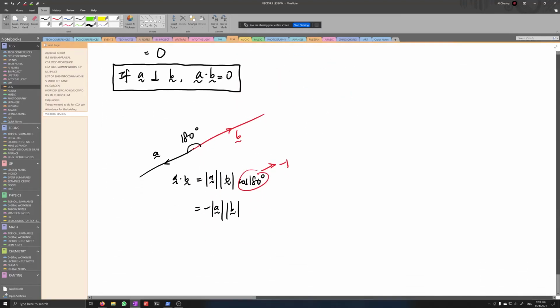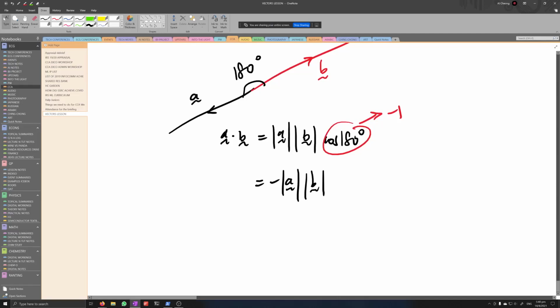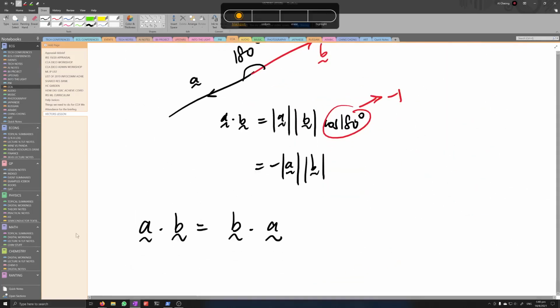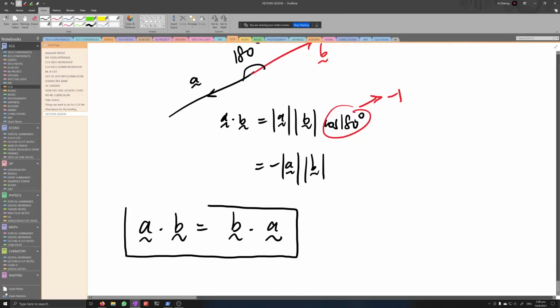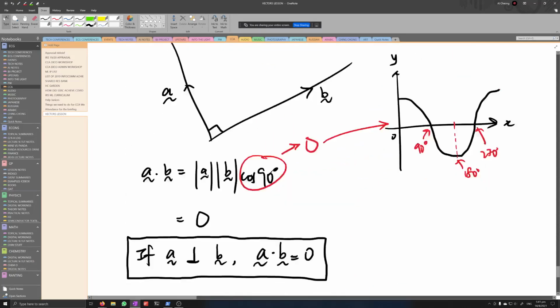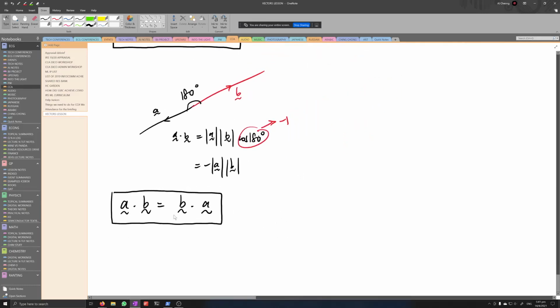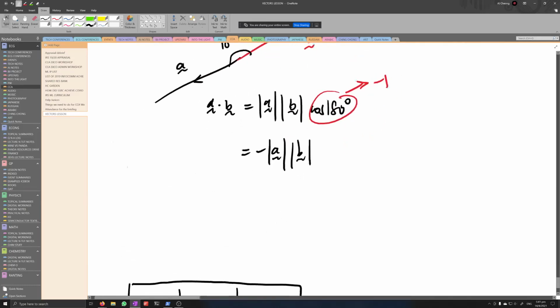Okay, then more properties include A dot B equals B dot A. Why? Because, okay, before I go down here, how about I write another line?